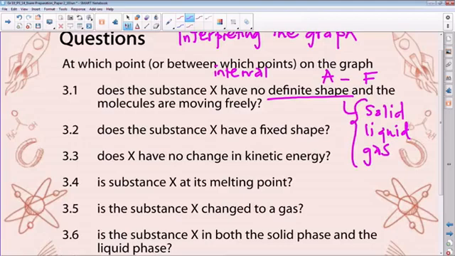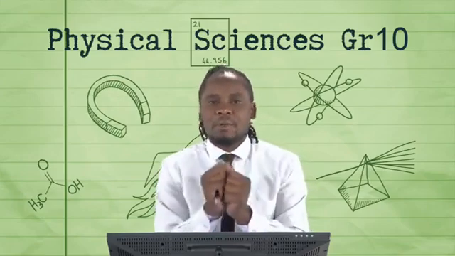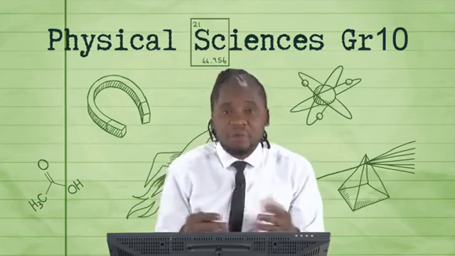You know that the only one that has a definite shape in this case is a solid, right? So liquids and gases do not have a definite shape, in the sense that if you think of a liquid, we say the particles of a liquid tend to slide past each other, and that gives rise to the fact that it takes the shape of the container.